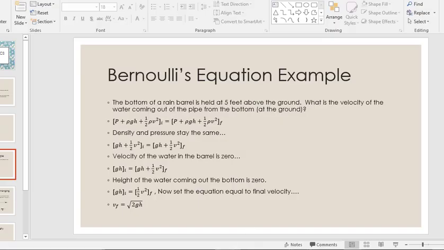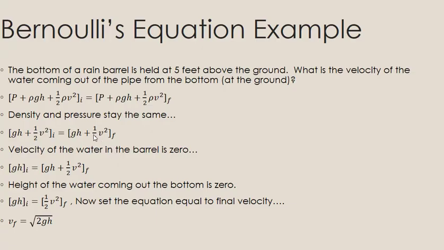Okay, so now let's see what happens. Velocity in the barrel is 0. So, G times H, because velocity in the barrel was 0. This is 0 right here, so it no longer exists over here. Height of the water coming out of the barrel is 0 because of our original statement at ground level.